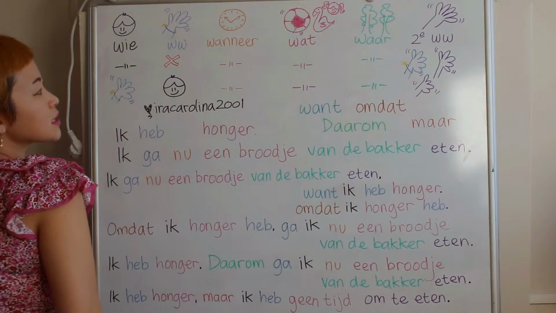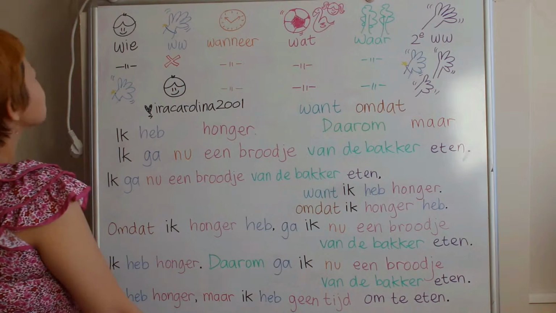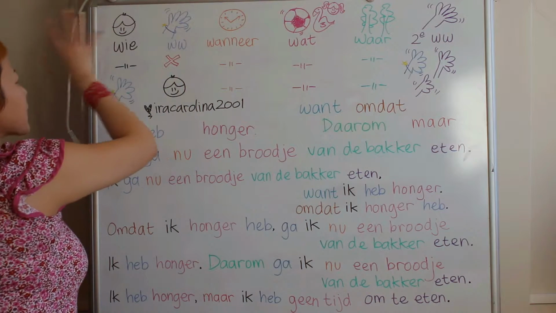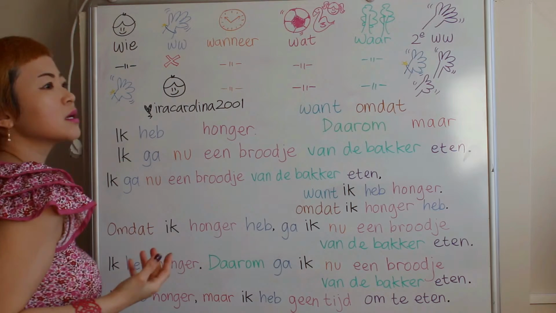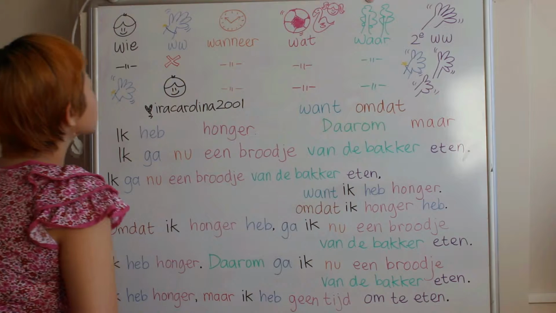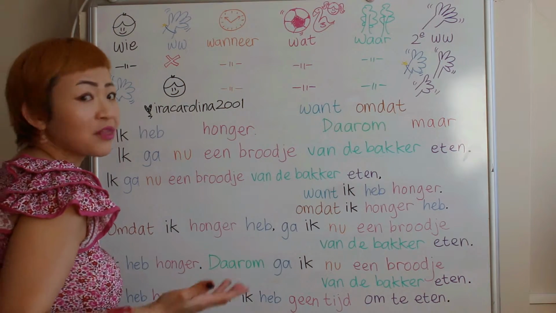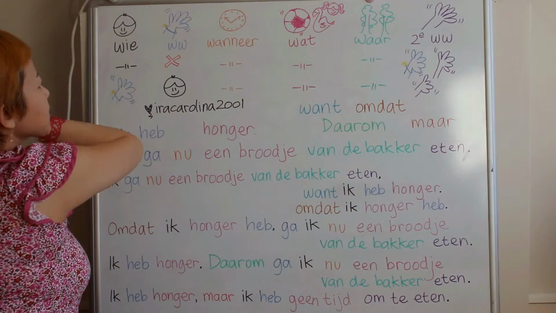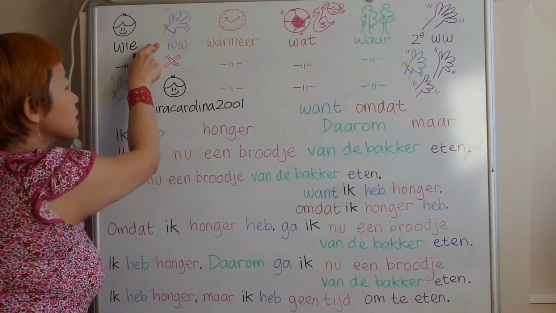The sentence in the Netherlands language or Dutch, most of them use this pattern. We is who, can be human, can be people, more than one, can be also animal, plants, or can be also things. We or who, this is the subject. Second, werkwoord or verb.